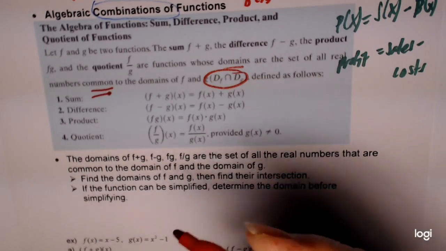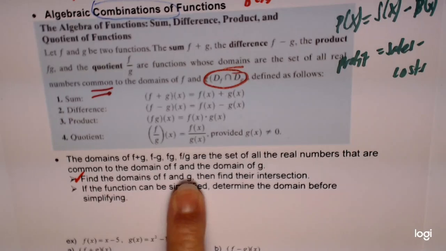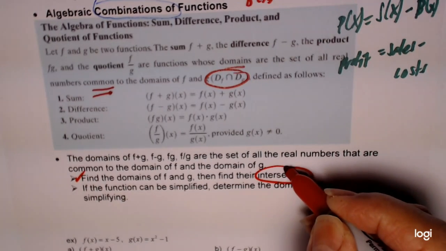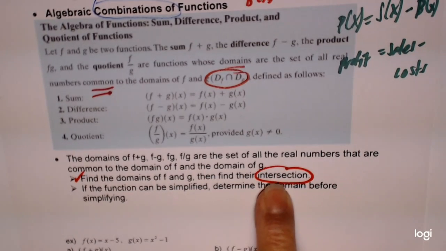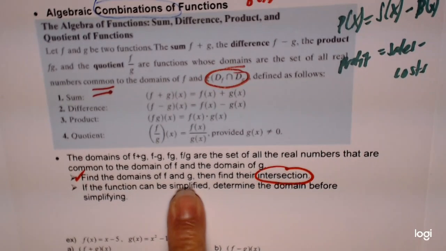So here, we're going to find the domains of f and g, and then we have to find their intersection. So if some values of x have to be kicked out of f or g, they have to be kicked out of the domain for our final function that we've created.